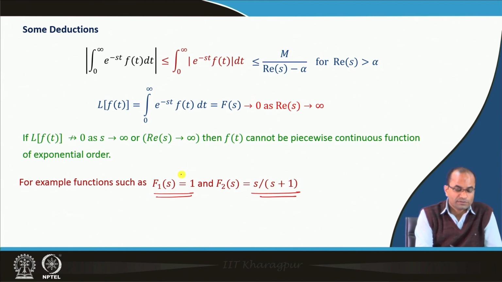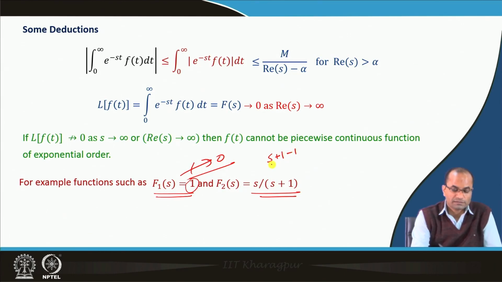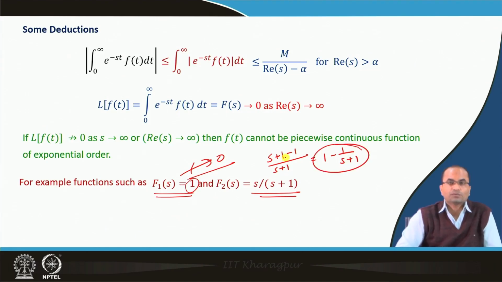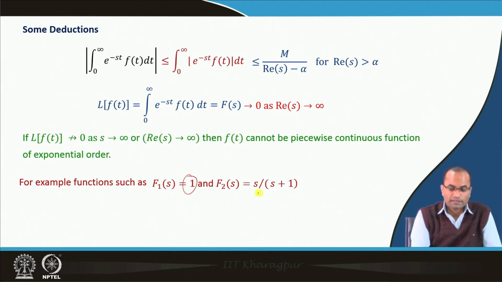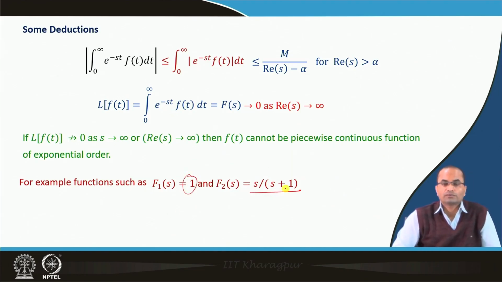In either case, this is not going to 0 as s approaches infinity, because this is a constant value 1, and here s over s plus 1 we can write as s plus 1 minus 1 over s plus 1, so this is 1 minus 1 over s plus 1. If s goes to infinity, here also this is not going to 0, it is going to 1.